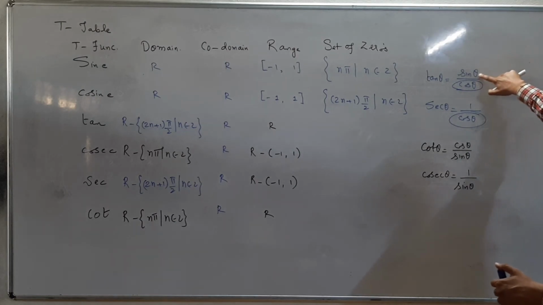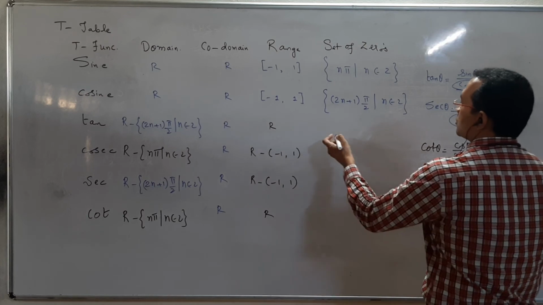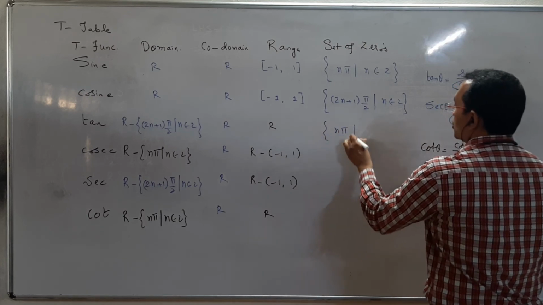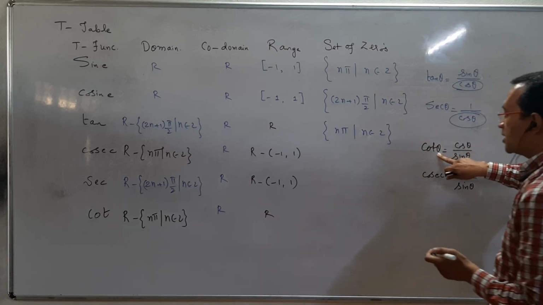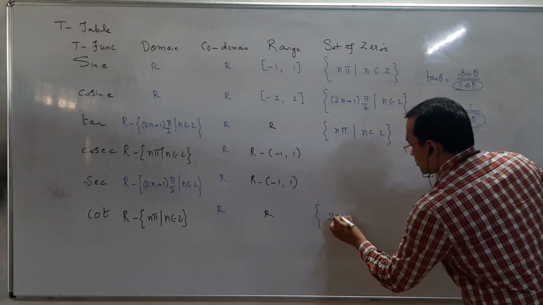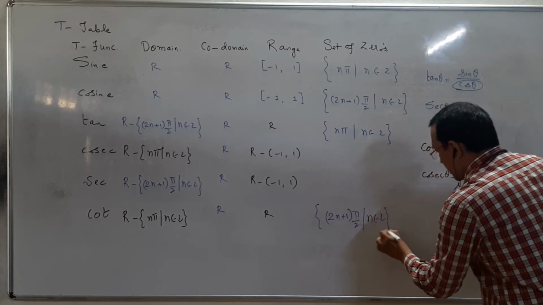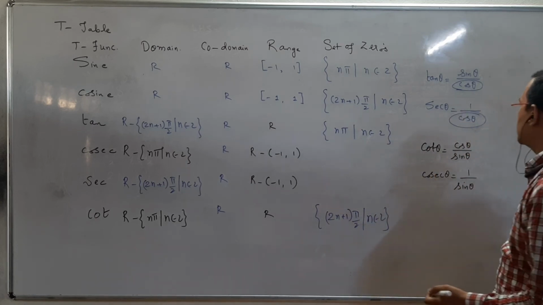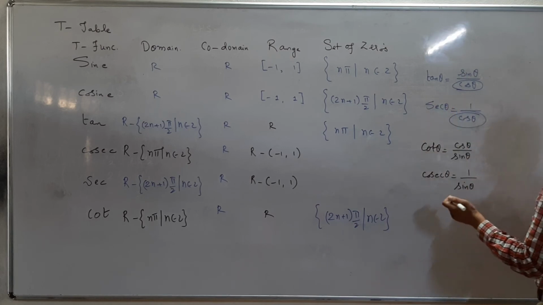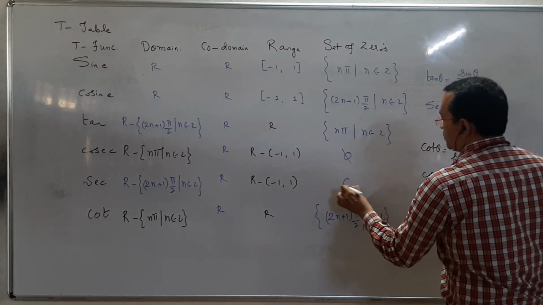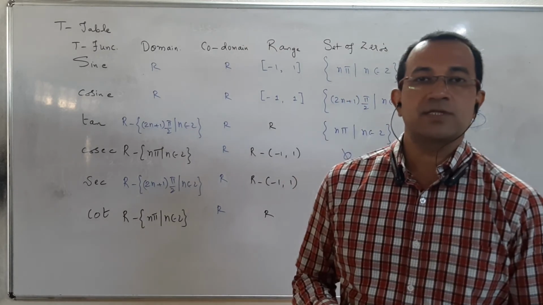Now when sin theta is 0, definitely tan theta will be 0. So set of zeros of sine and tan functions is same. And when cos theta is 0, definitely cot theta will be 0. So set of zeros of cos and cot are same. And there is no theta where sec theta and cosec theta become 0. So set of zeros of cosec and sec functions is the null set.